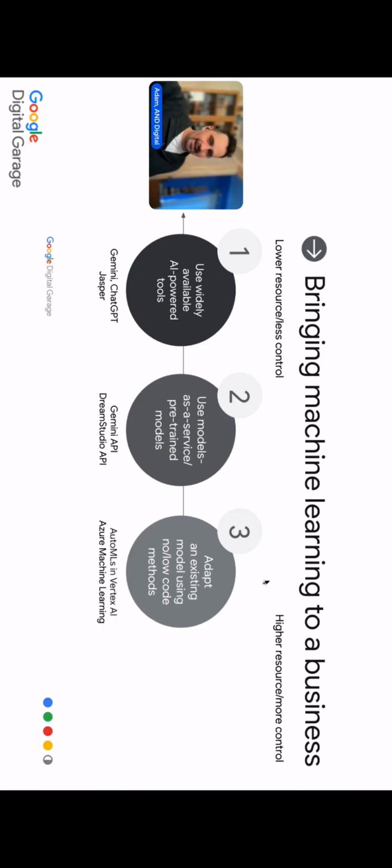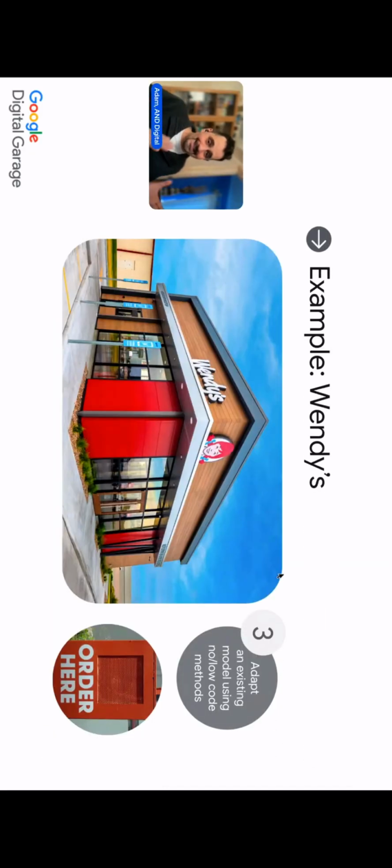Going back to the slides, you can adapt an existing model using low or no code methods, considering things like AutoML in Vertex AI or Azure Machine Learning. A lot of these things you can actually find an existing model and make changes to that model. A great example of this is Wendy's.